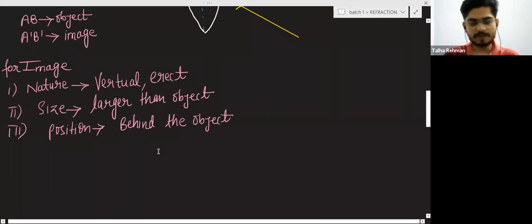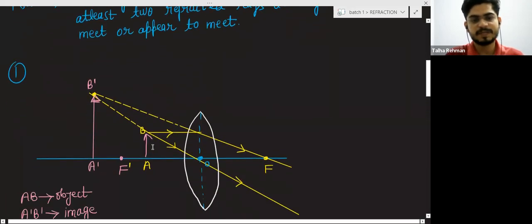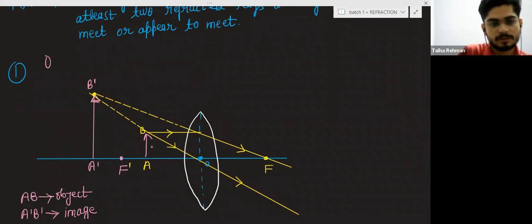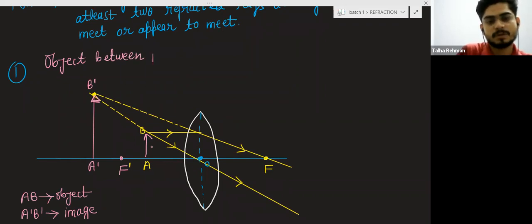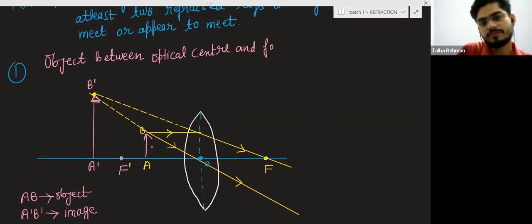So this is all about the image formation when we place the object between the optical center and focus.